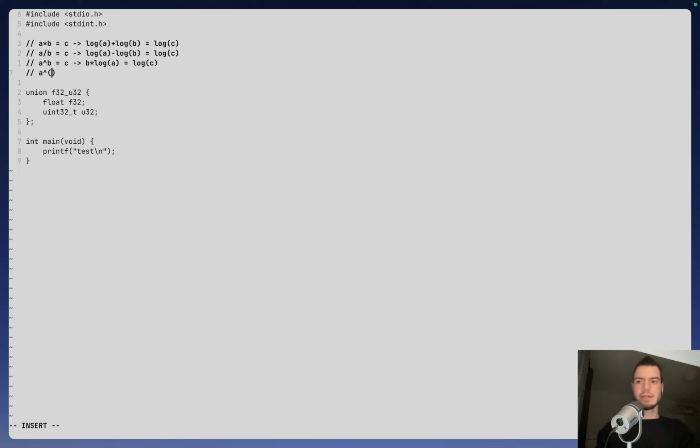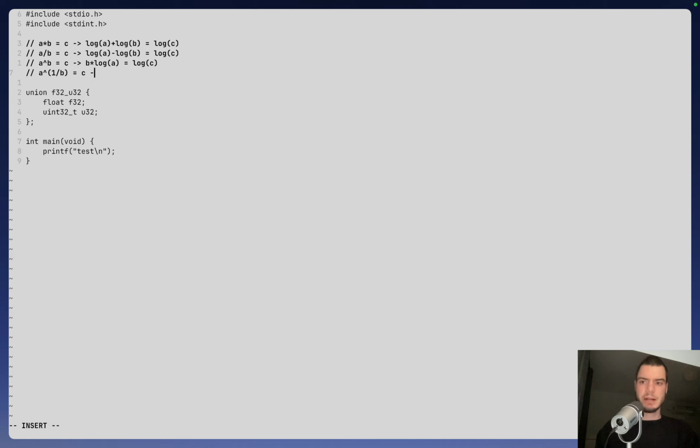That's all we're doing when we are taking a square root or a cube root. It's just taking that value to the power of 1 divided by 2 in the case of a square root, 3 in the case of a cube root.